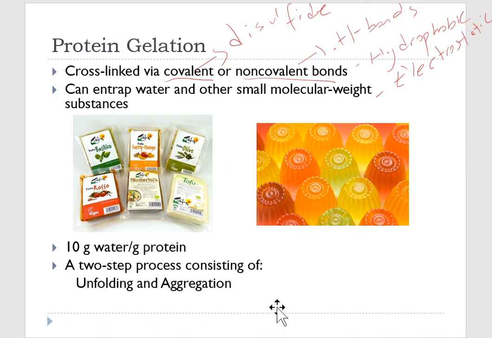Okay. First, proteins are unfolded, then aggregated in a three-dimensional network. If precipitation occurs, it's not a gel anymore, okay?